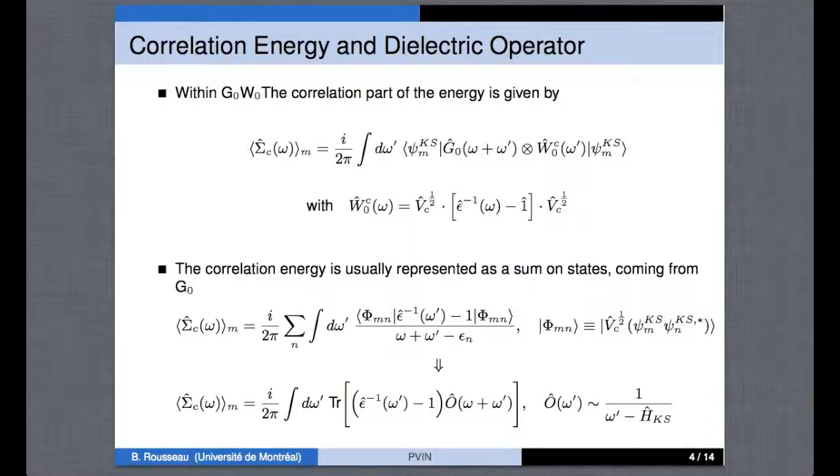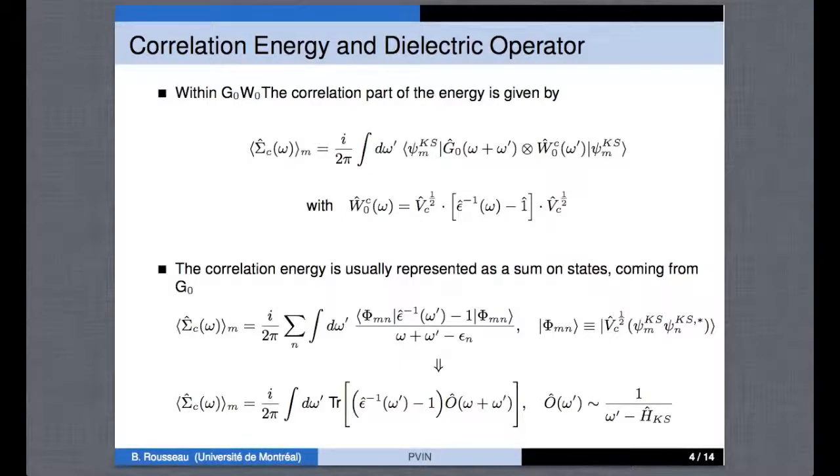Here you have a general formula for the correlation part of the self-energy, and you see that indeed this dielectric operator is very, very central. You'll see as well that if we were to compute this explicitly in the way this equation suggests, we have a sum on n here, n being all of the conduction states.